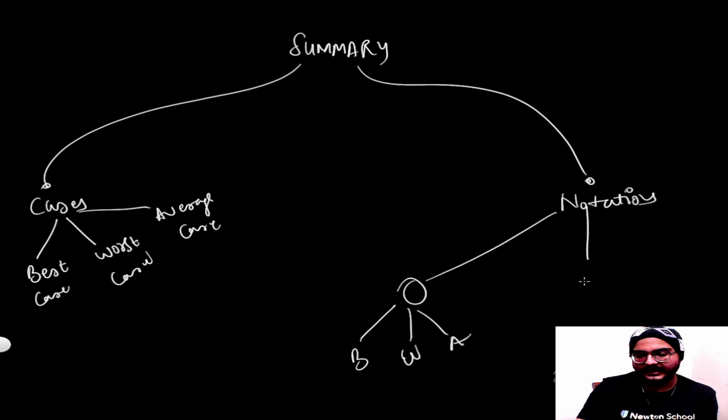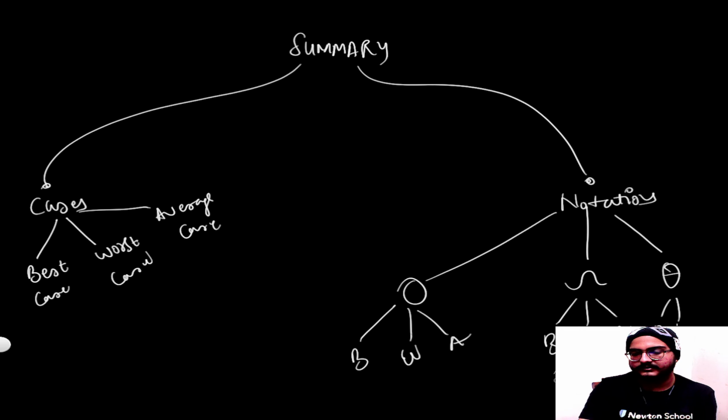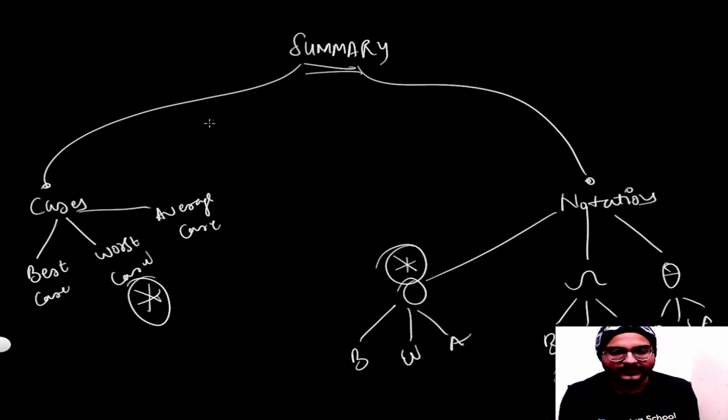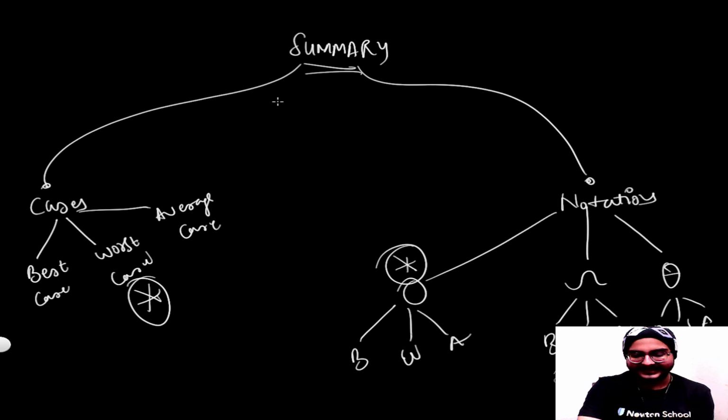Then we have omega, which would also have three analyses, and theta, which could also have these three analyses. The most used one here is worst case, and the most used one here is omega. So this is the summary of what we did so far in the video, and I think that things are clearer to you. Let's understand one code.